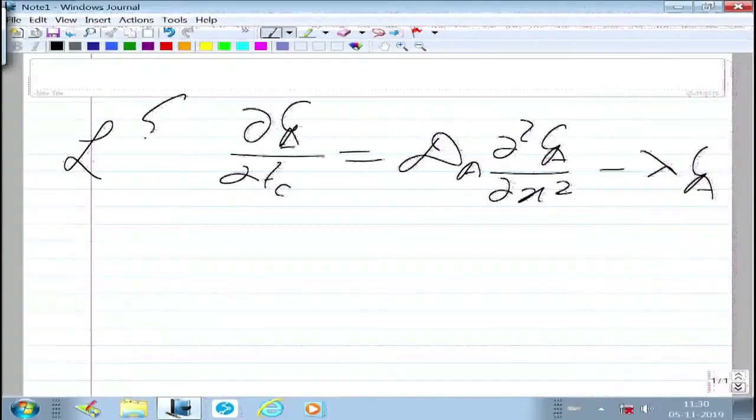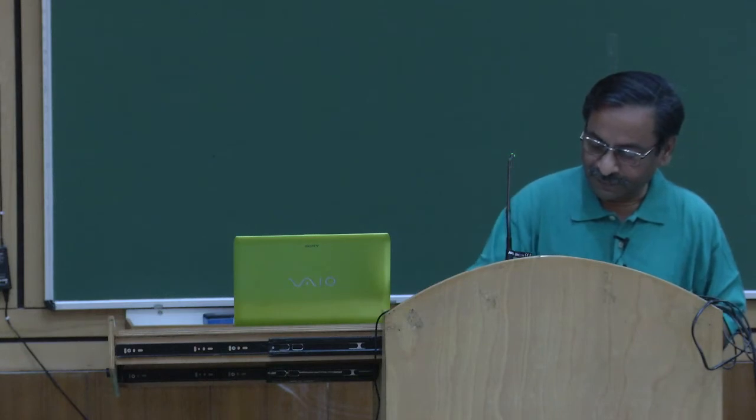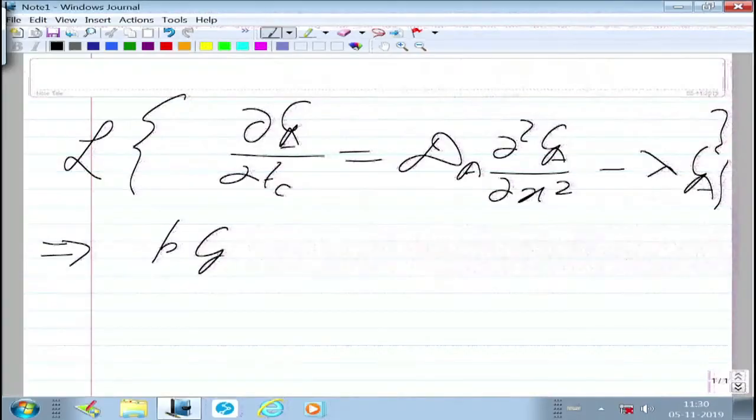You start with this equation, dou Ca by dou Tc, the transient term, the diffusional term dA dou 2 Ca by dou x square, minus the reaction term, oxygen is reacting with sodium sulphide by that rate lambda Ca, right. So, you multiply it by e power minus Ptc dTc and then integrate from 0 to infinity each term, and that will be taking Laplace of this whole thing, and that would give you Pca bar.